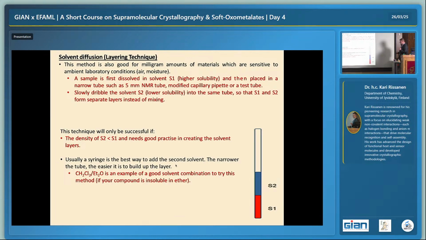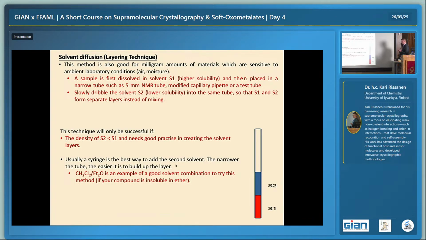So now we change the local composition of our solvent in there, so it wants to crystallize. It doesn't want to be in this area in any form other than crystalline. And this is a very nice technique, but it's rather slow. This might take weeks or so, depending on how quickly the S2 diffuses into S1.